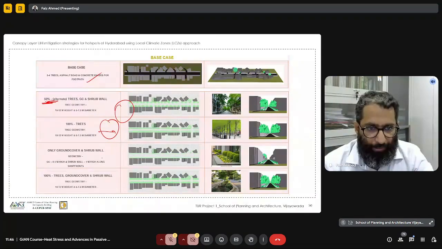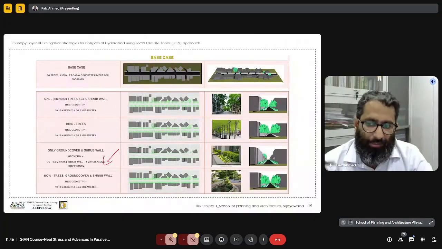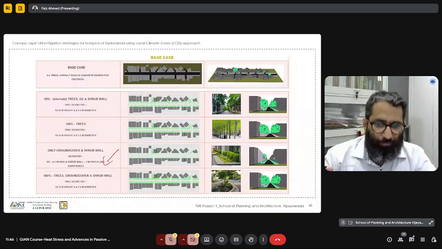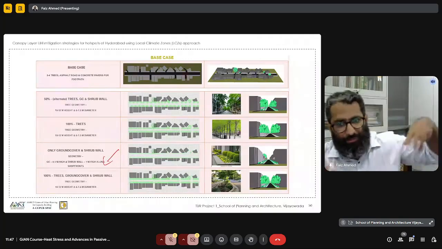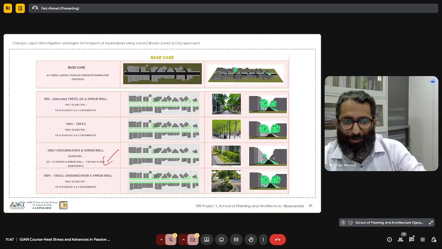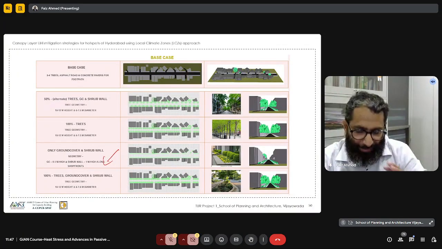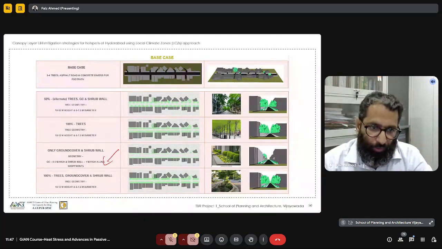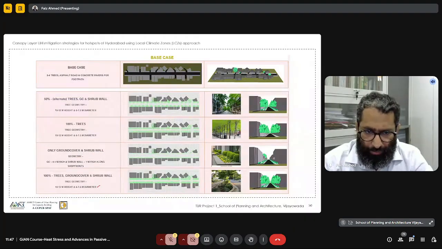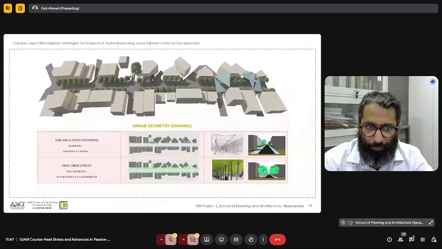And ground cover: there is a lot of fascination for suggesting ground covers for the beautification of the city. You must have seen this in several cities, especially on the roads leading to the airport. This kind of intervention has been pushed by the government, and we tried to implement it. So what impact is it going to create? And if we go only by shrubs, not by mature trees, what impact is it going to create?